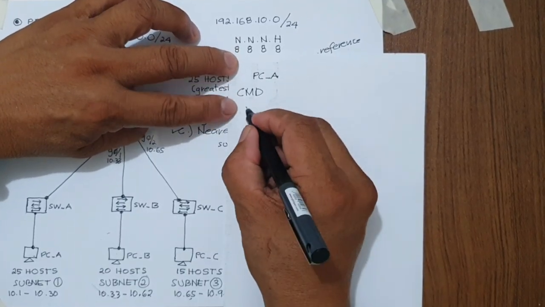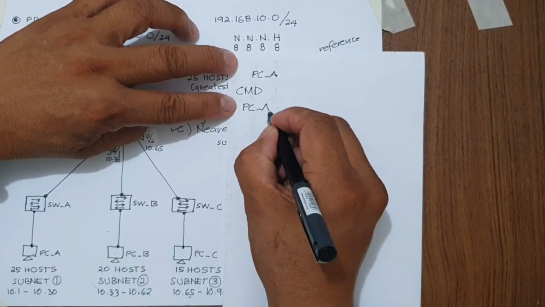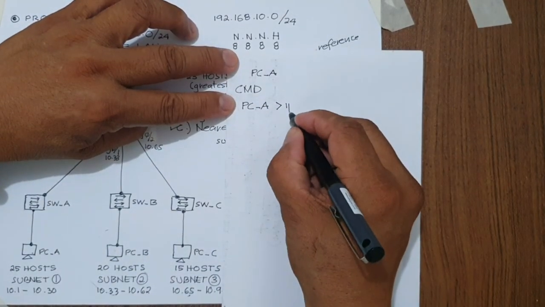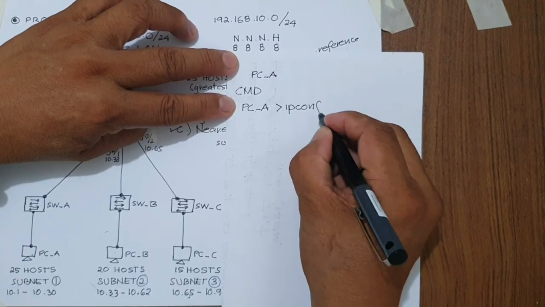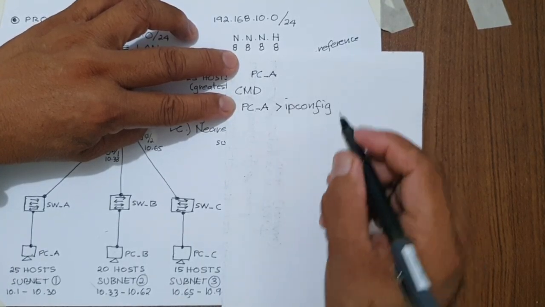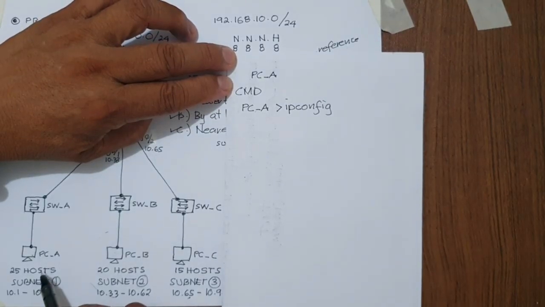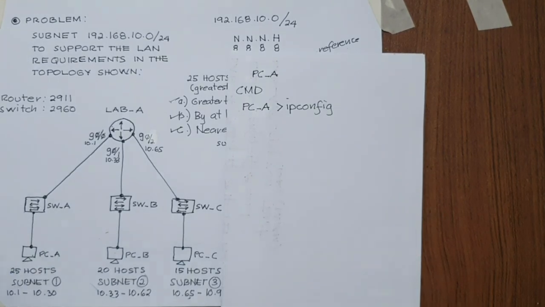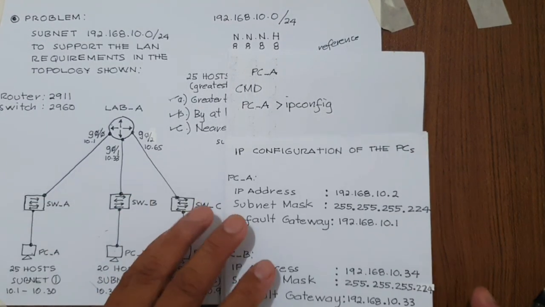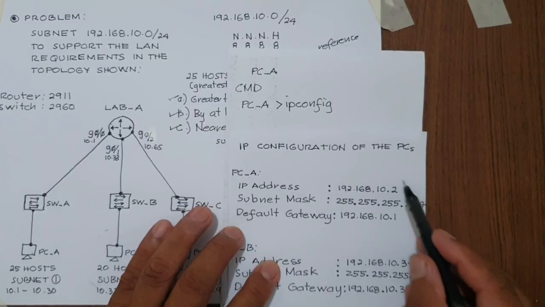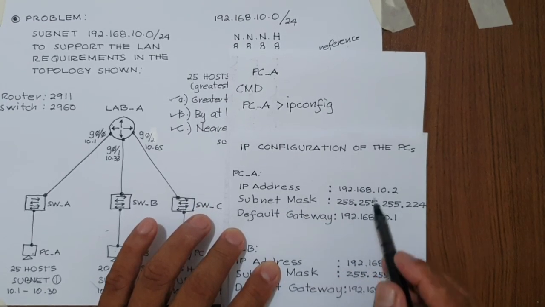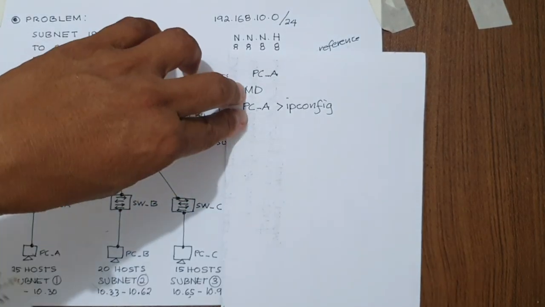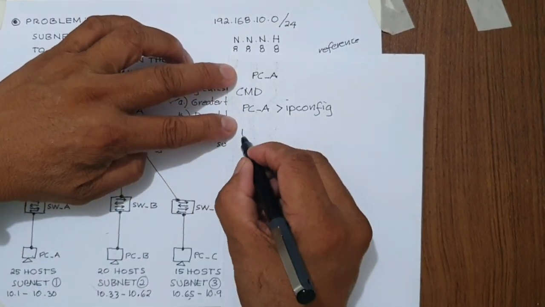You type ipconfig with no space between the letters to check the IP address configured on the PC. If you issue this command, you must be able to see what we have configured earlier, these 3 parameters. Once these 3 parameters are shown here, we are now ready to test connectivity.